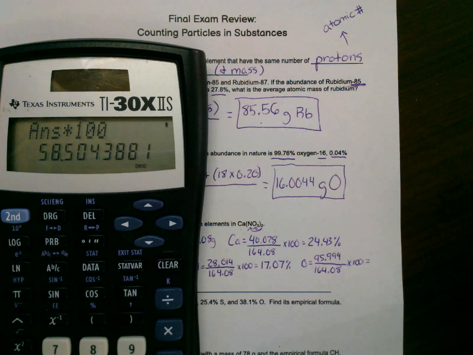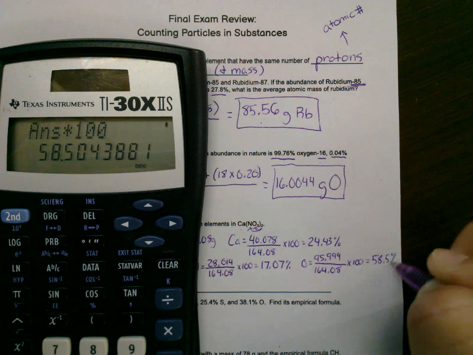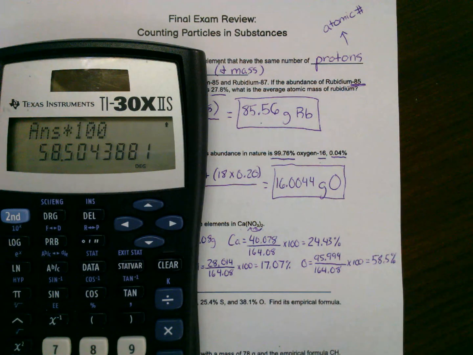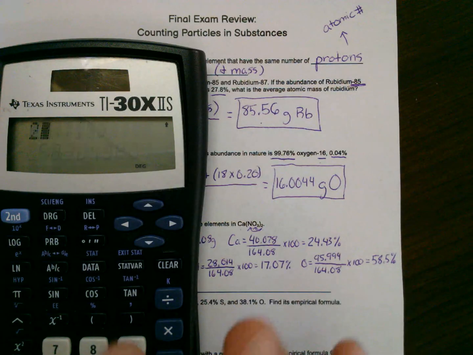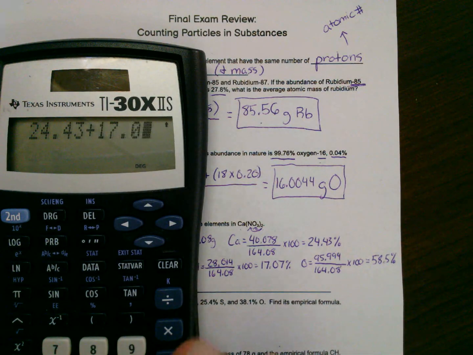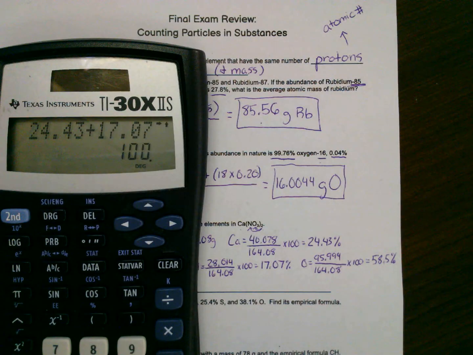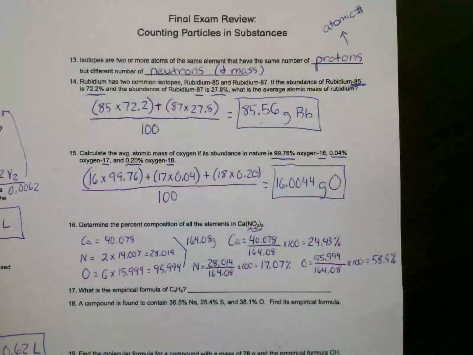That's about 58.50, so 58.5%. Remember, if we did it all correctly, all three numbers should add up to 100%. So 24.43 plus 17.07 plus 58.5. And yes, that's 100%, so we did it correctly.